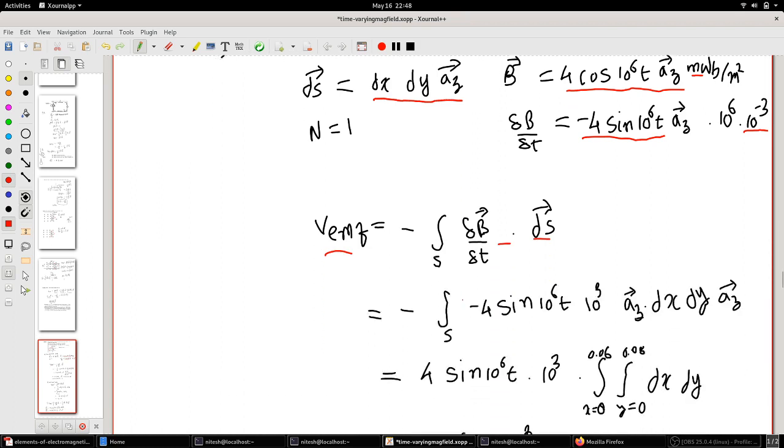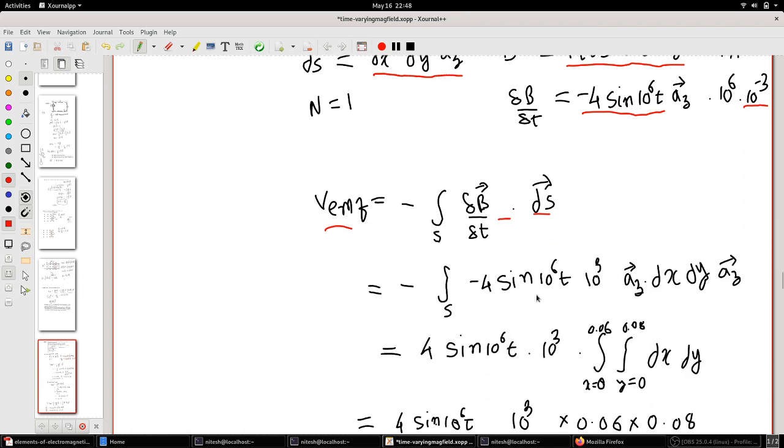Now if I substitute, I get minus 4 sin 10^6 t into 10^3 Az dot dx dy Az. Here I combined 10^6 into 10^-3 as 10^3.